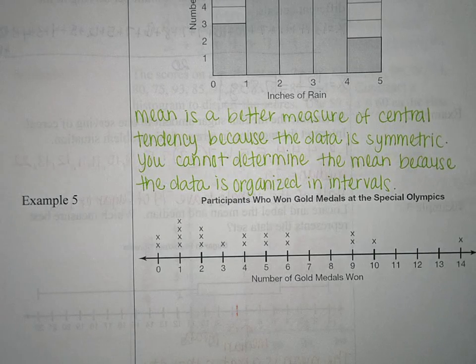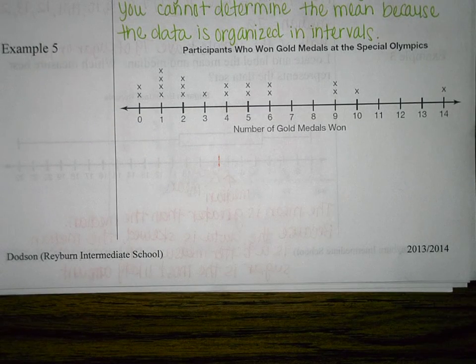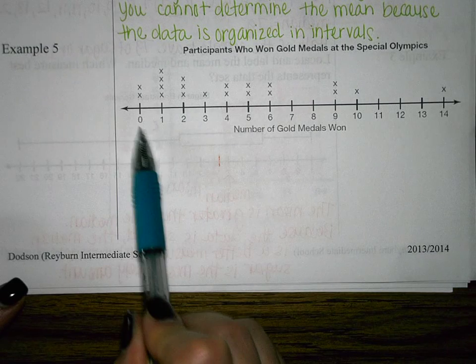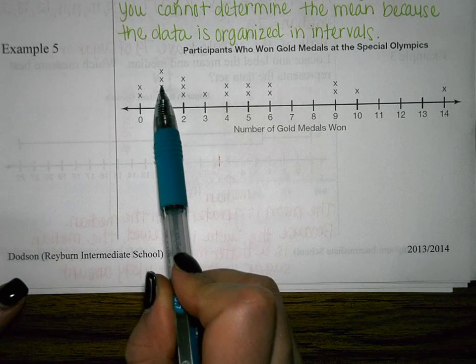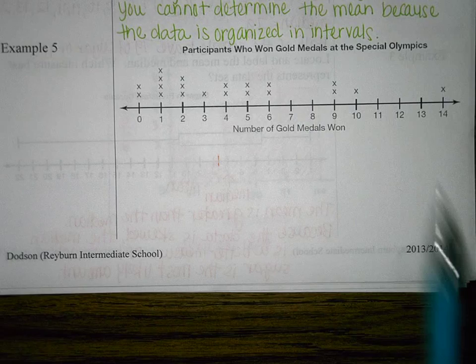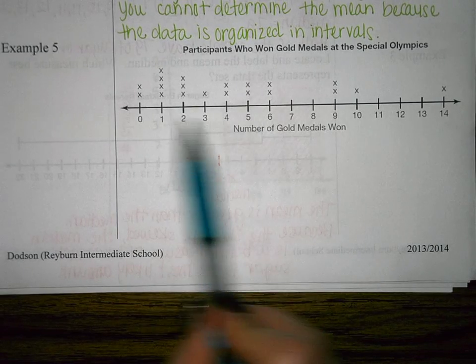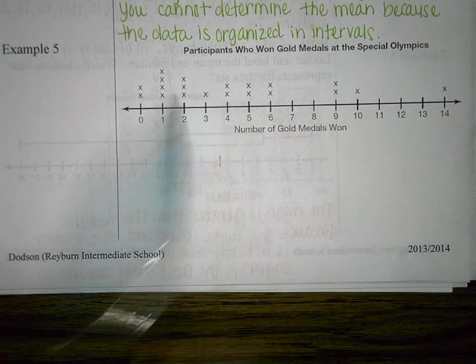Let's look at the same type of question, but this time on a dot plot. In example 5, I'm giving you a dot plot of the number of gold medals won in the Special Olympics. This is saying that 2 people won 0 gold medals, 4 people won 1 gold medal, 3 people won 2 gold medals, and so on. If we look at our data, I'm noticing that there is a lot of data focused here on the left and not as much over here.